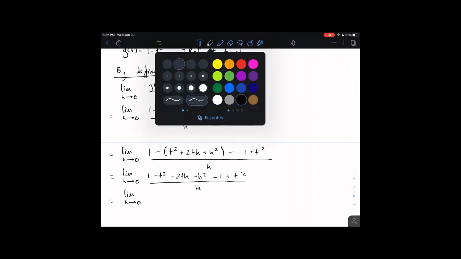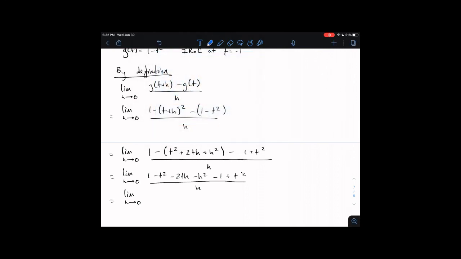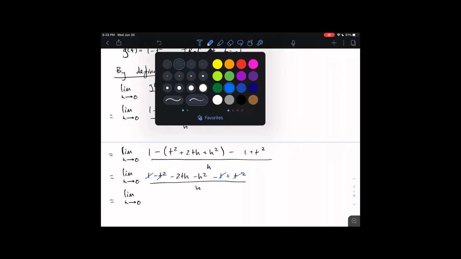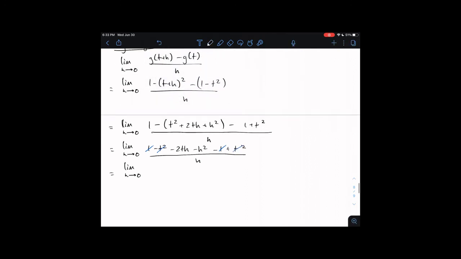And we notice that some things cancel. This 1 and that 1 cancel. This negative t squared, that t squared cancel. And now notice we have a factor of h left over in the top. So negative 2th minus h squared over h. If you're doing instantaneous rate of change, this will always happen because you need that h on the bottom to go away.